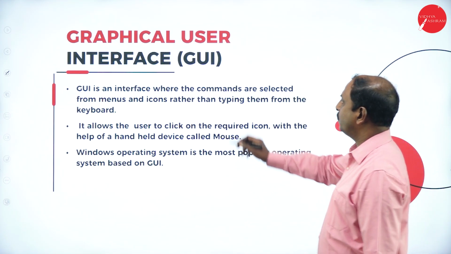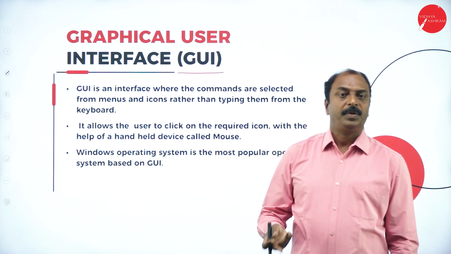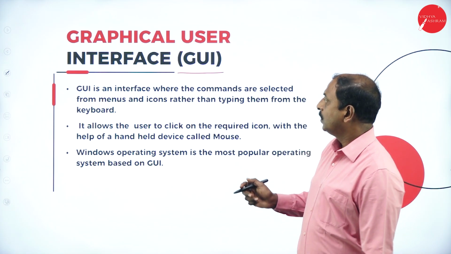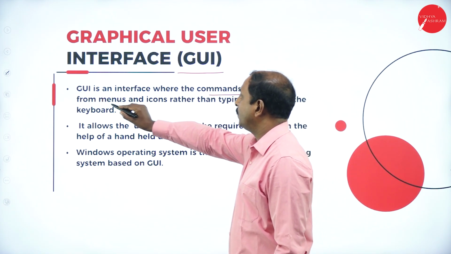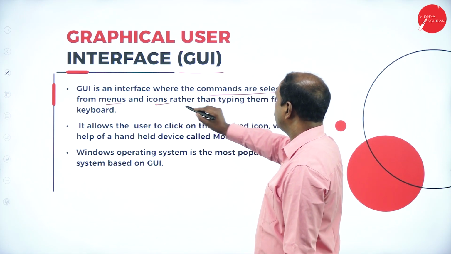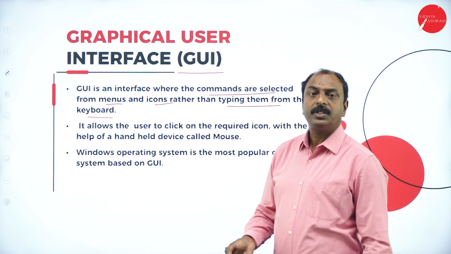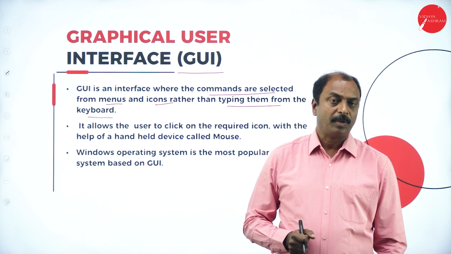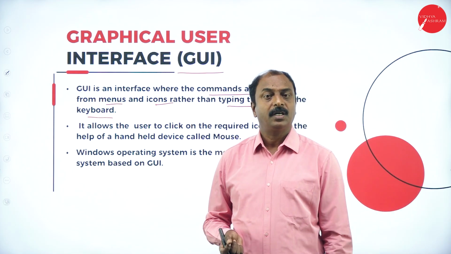The next one is GUI, called graphical user interface. The previous one was CUI, now it is GUI. It is the interface where the commands are selected from menus and icons rather than typing them from the keyboard. As we have seen in CUI, the user has to work at the command prompt and type in the commands, instructions or data.